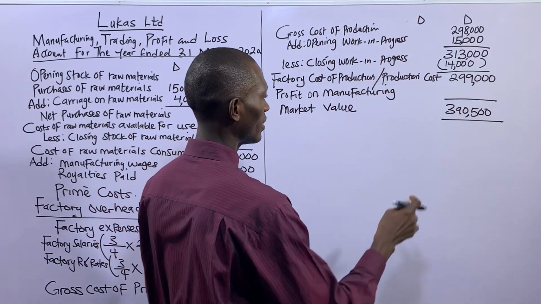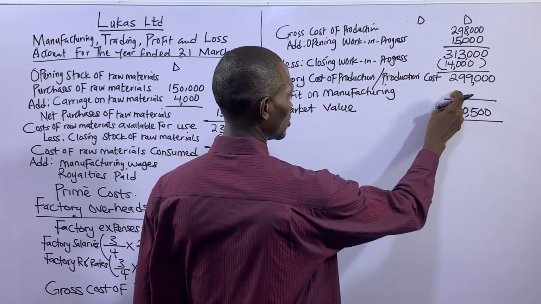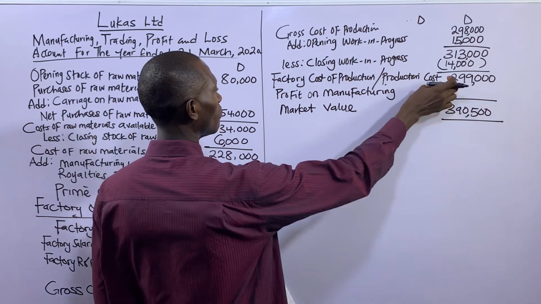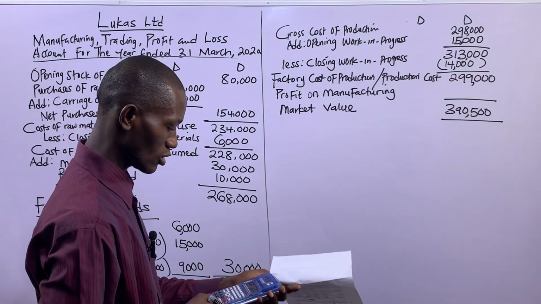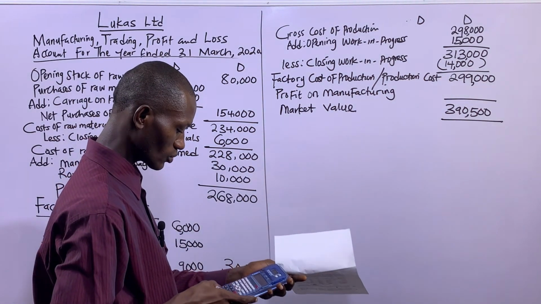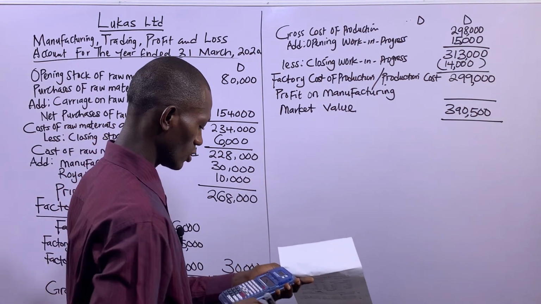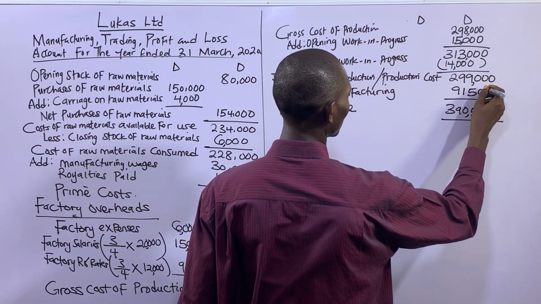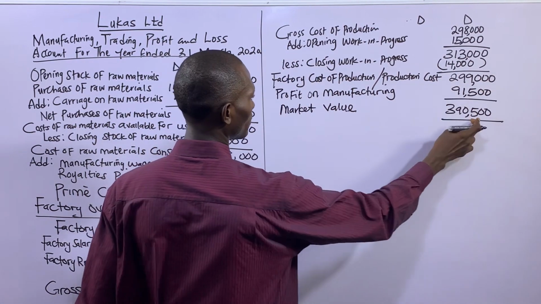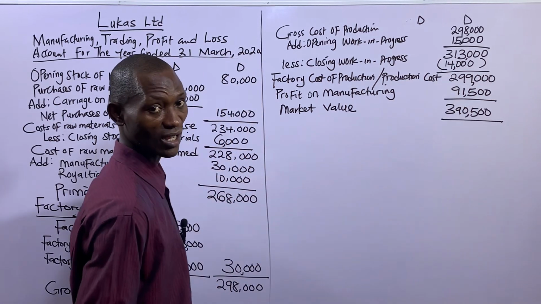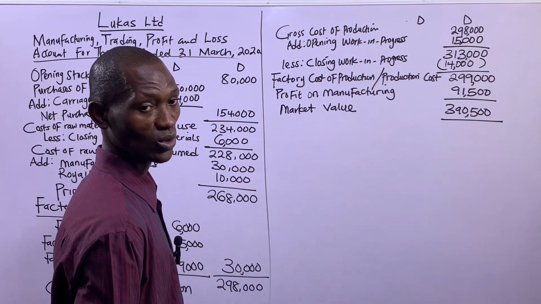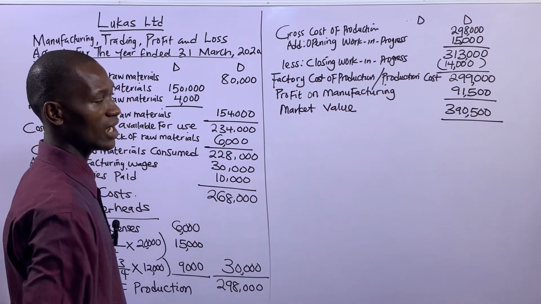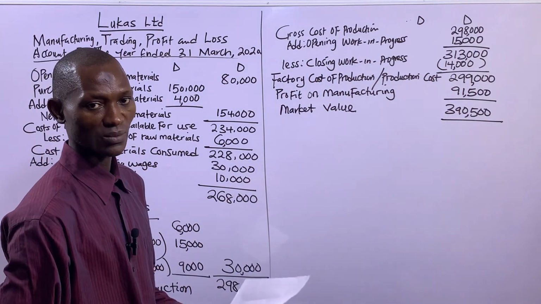How do we get that? That's the market value minus the cost of production. So 390,500 minus 299,000 gives us 91,500. So this is where our manufacturing account stops.